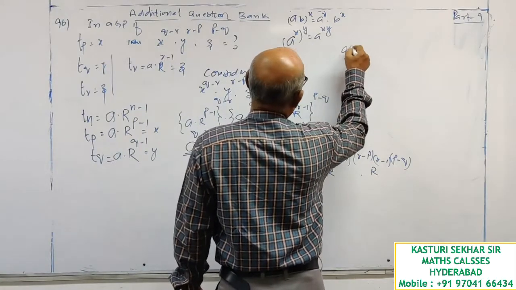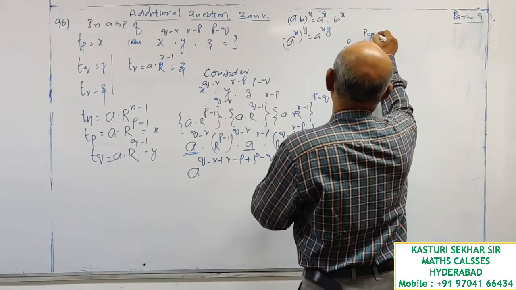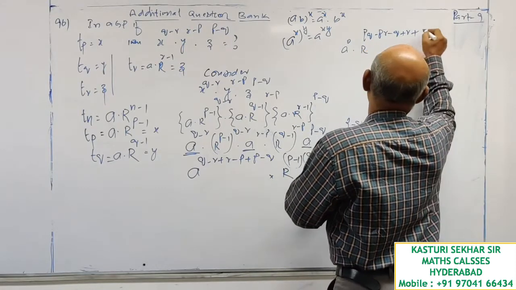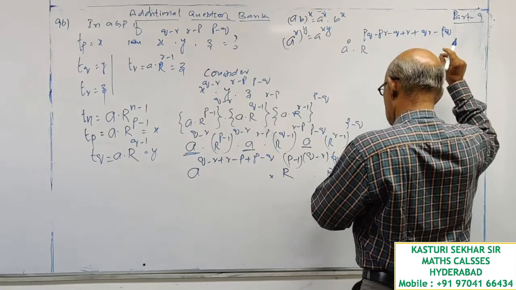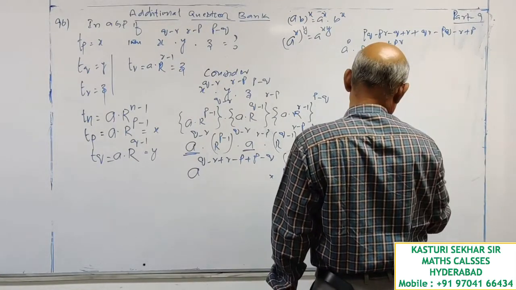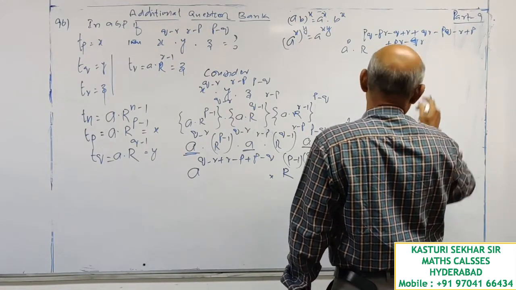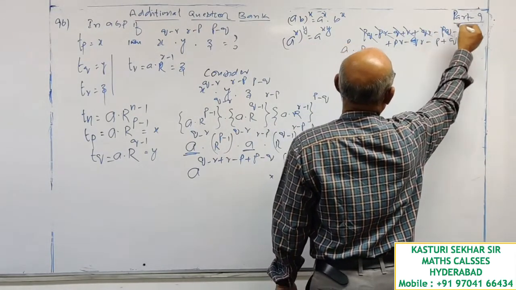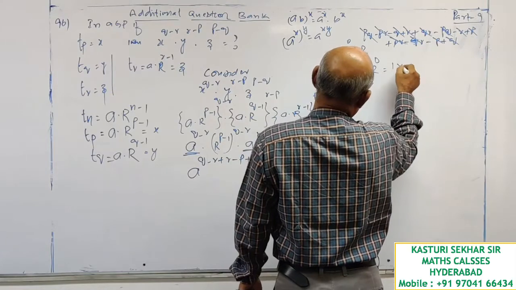So this is a power 0 into r to the power, open the brackets, pq minus pr minus q plus r plus qr minus pq minus r plus p plus pr minus qr minus p plus q. a power 0, r power 0, 1 into 1, 1.